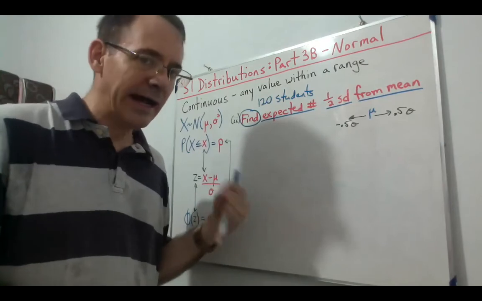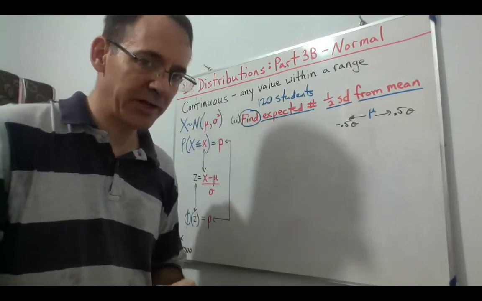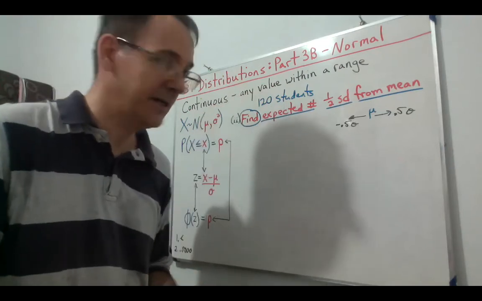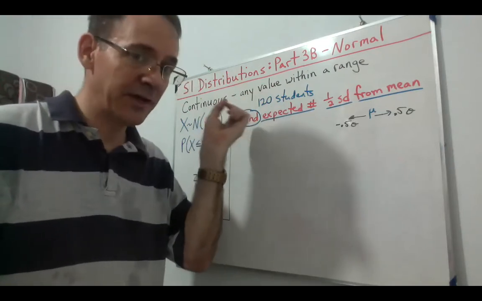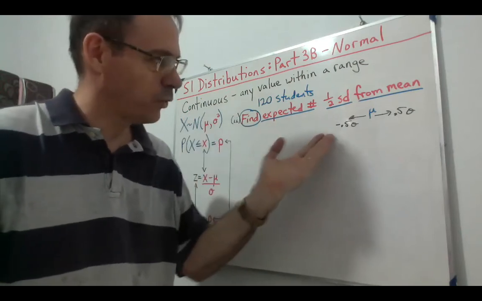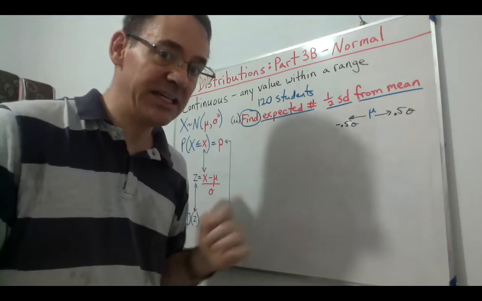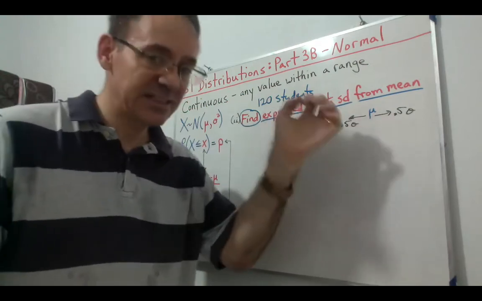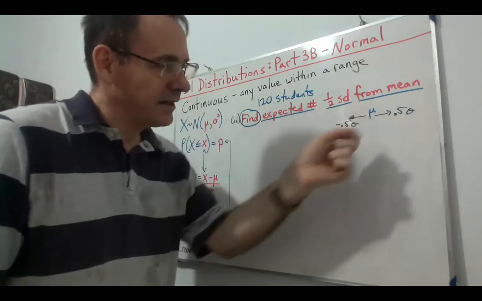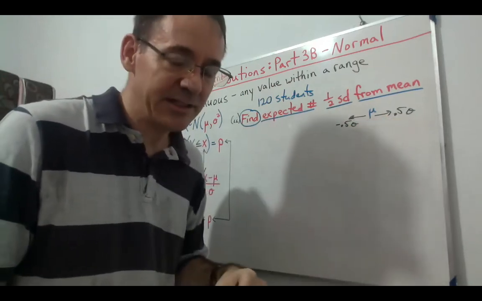Now, you don't actually have to go back to the notation for this. And you don't even have to make a probability statement since we don't know what those actual heights would be. What we have is what we need already, and that's our z. Our z value is the standard deviation. It's a 0.5 standard deviation.